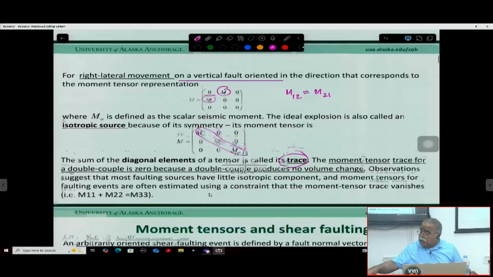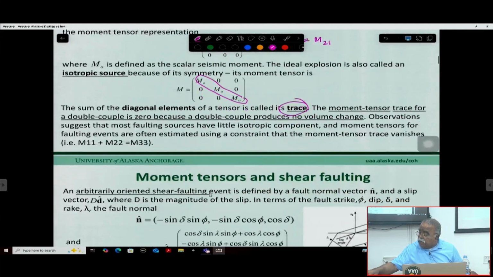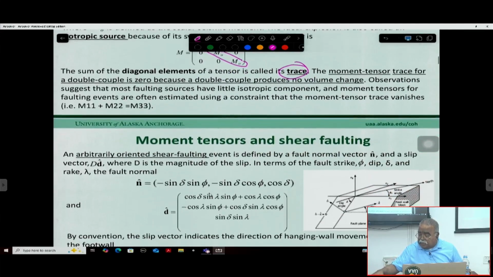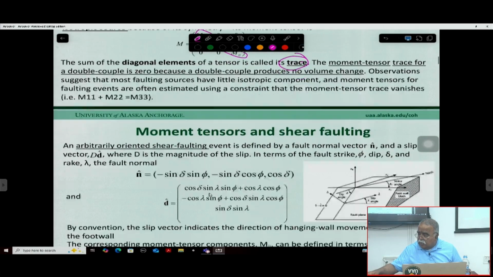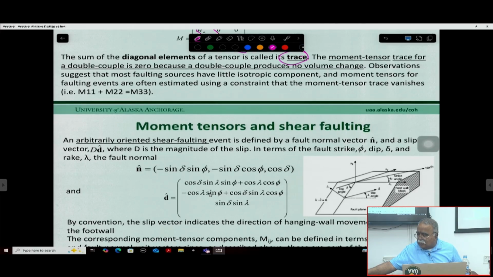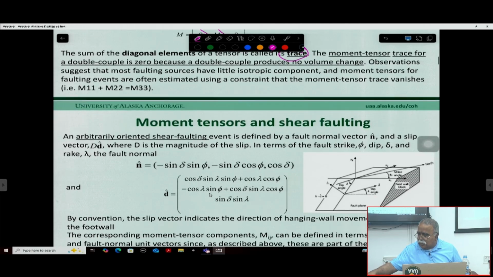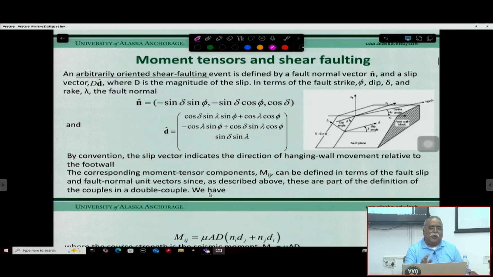Okay, let's see. Now, this part I will not derive for the time being, because it will take some cosine and sine component calculation in the XYZ direction.